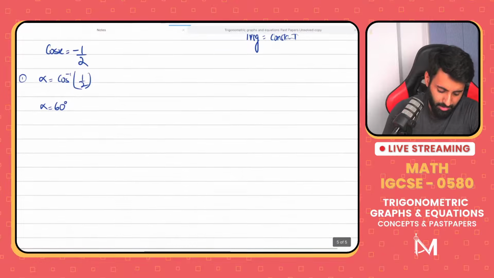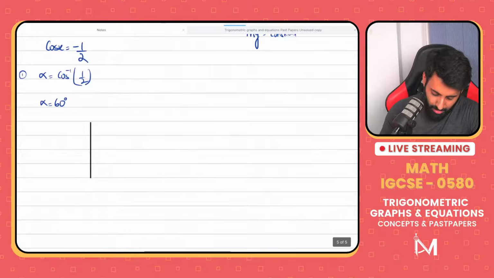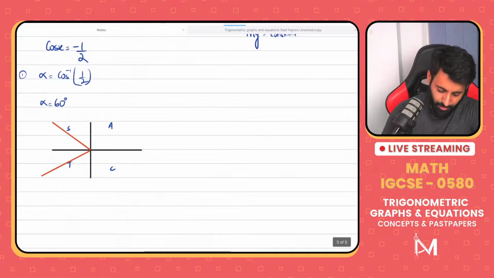So that's step 1. Step 2 is that you mark this alpha in the appropriate quadrant. And what two quadrants will this be in? Here's add sugar to coffee, so this will be in the second and the third quadrant. Here we have alpha, which is 60 degrees, and here also we have alpha, which is 60 degrees.